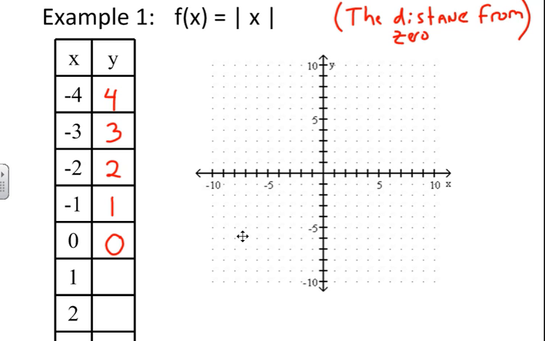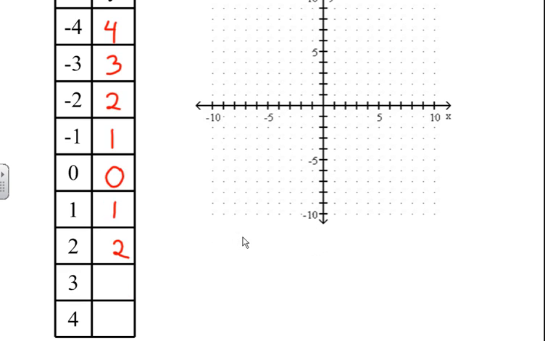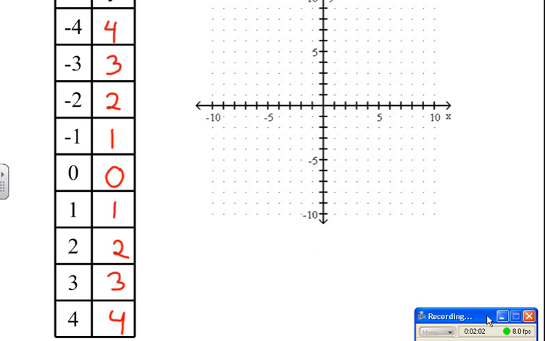X is negative 4, y is 4. Now we do the positive values. 1, 1, 2, 2. Then we have 3 and 4. So if x is 3, y is 3. If x is 4, y is 4.